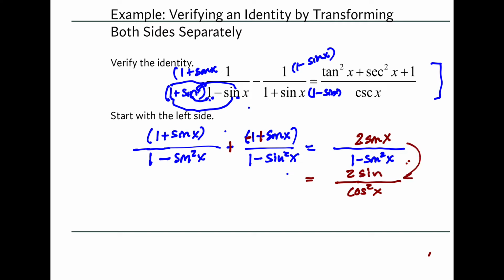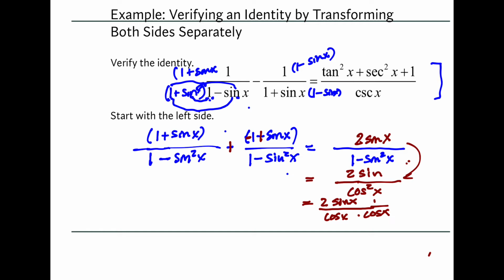I just brought that down. But on the bottom, I have cosine squared x. And, well, I could write this. We could break up that cosine, right? Make it 2 sine x, and then on the bottom, have cosine x times cosine x.